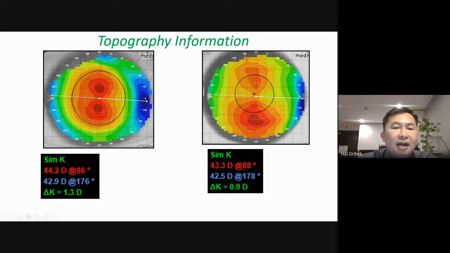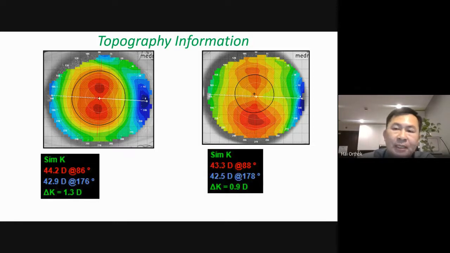So if you see only a 6 millimeter diameter like this, and the alignment curve out here is at 8 millimeter, this eye doesn't need the premium lens or toric lens to center the lens. It only needs the standard lens. So when you have the topographer, you can choose the initial lens more effectively, and it saves your time exchanging the lens.